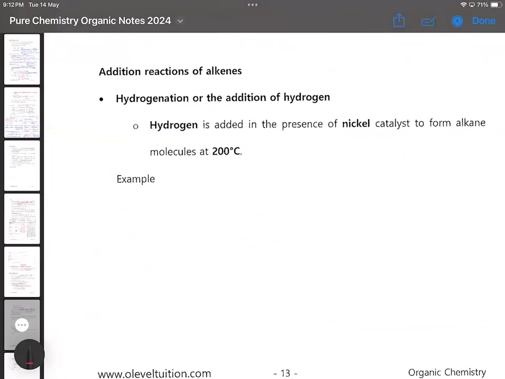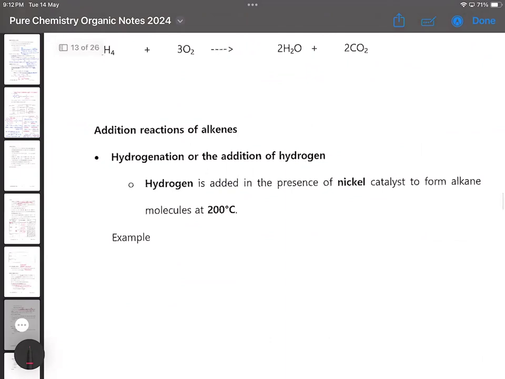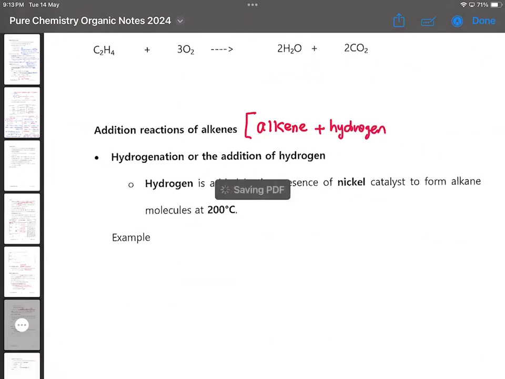It is addition of hydrogen. So in general, alkenes, when they react with hydrogen in the presence of 200 degrees Celsius and a nickel catalyst, turn into an alkane.